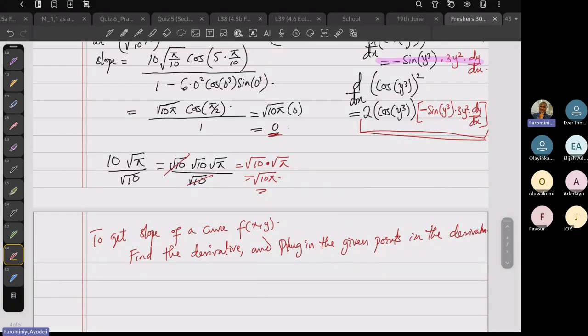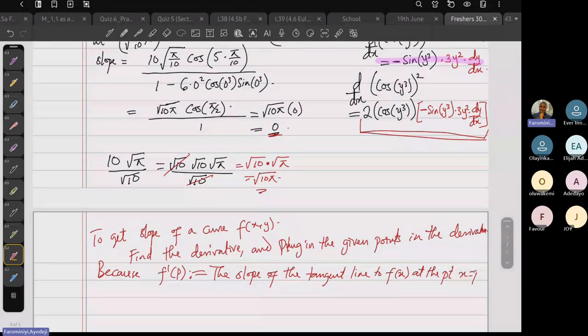Because f prime of p is simply the slope of the tangent line to f of x at the point x equals p.